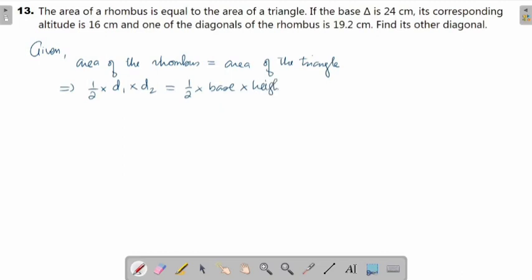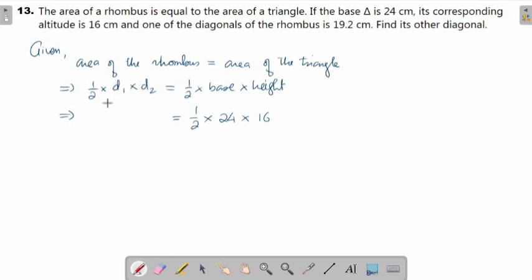So what are the things given? The base of the triangle is 24 centimeter, and its corresponding altitude, that is the height, is given to be 16 centimeter. That is, we have half into base 24 into height, that is altitude, 16. And one of the diagonals of the rhombus is 19.2 centimeter. Find its other diagonal. So we have two diagonals, D1 and D2.